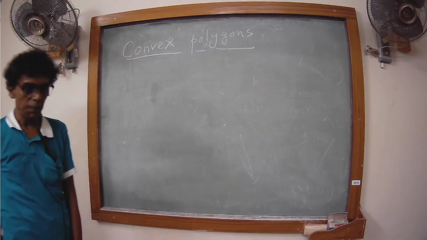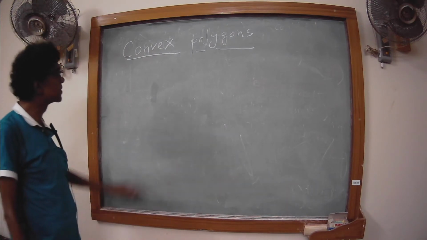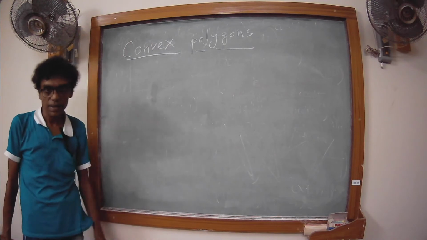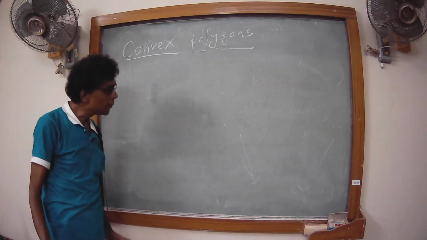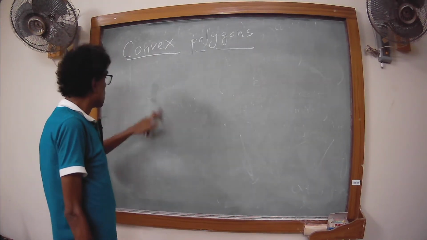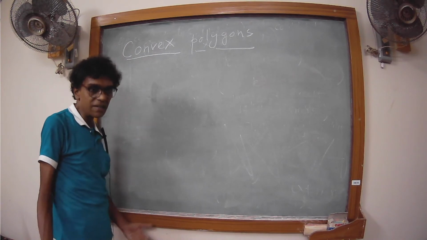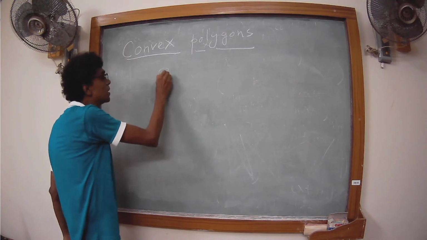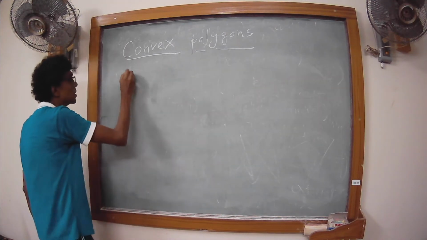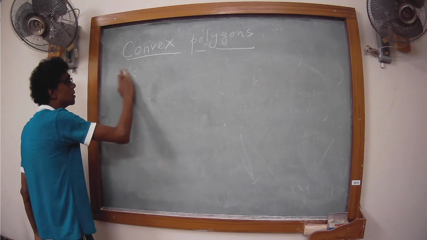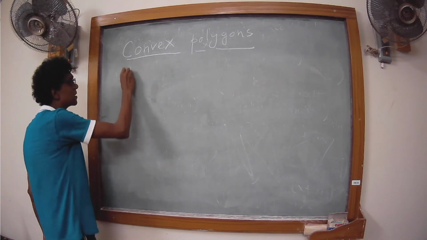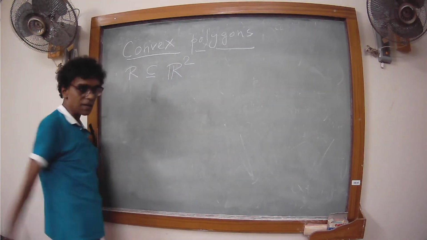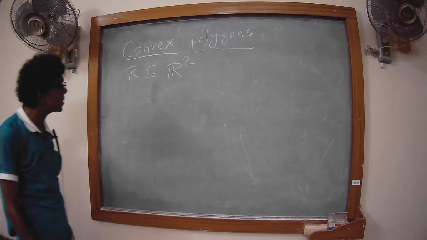Okay. In particular, we will study what is called convex hulls, which are actually convex polygons. Okay. So, a polygon, or for that matter any region, is called convex if I take any P1. So, let R, okay, let R be a region in the two-dimensional plane. Okay.